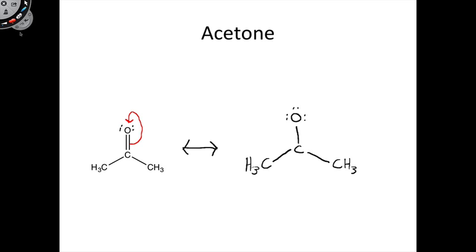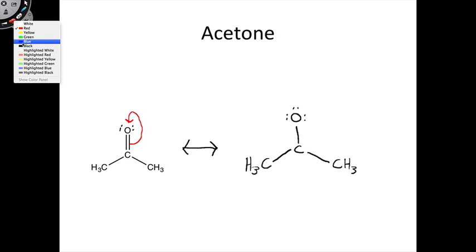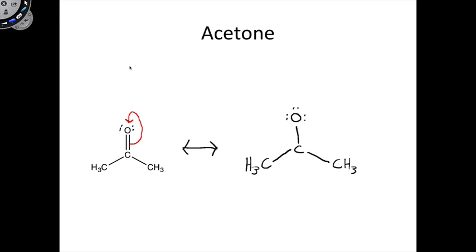What you do have to do now is show formal charge. So in this case, carbon has a plus formal charge, oxygen has a minus formal charge. All right, so now suddenly I've just thrown this concept of formal charge at you. What does this mean?